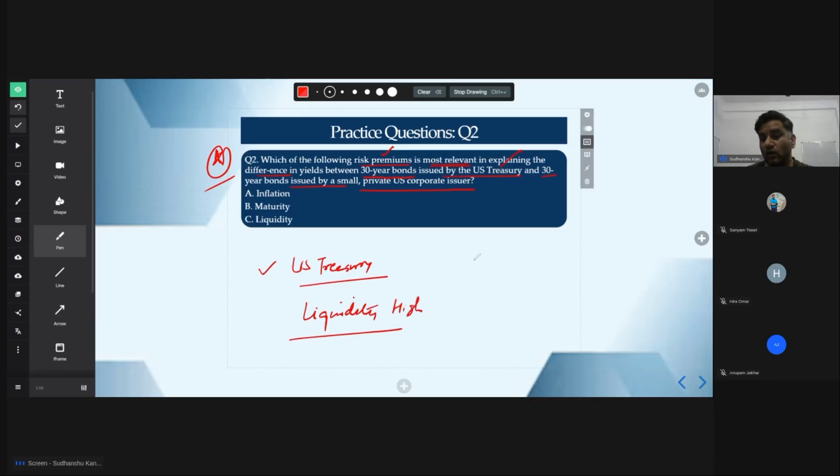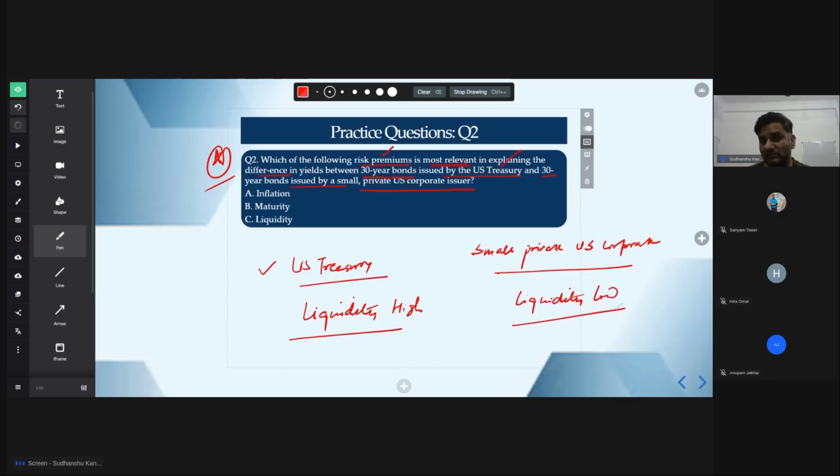When you have a small private US corporate issuer like Shapurji Palanji Group, let's say, I'm just taking an Indian equivalent, that liquidity will be low, right? Because not many players will be ready to participate there.